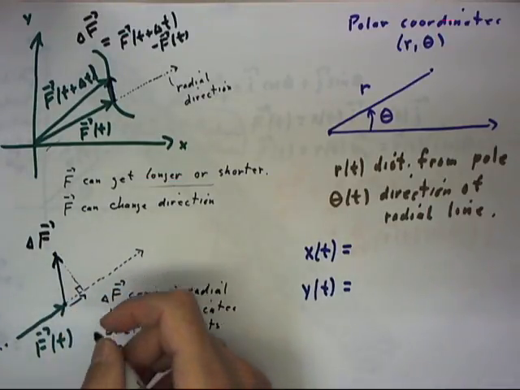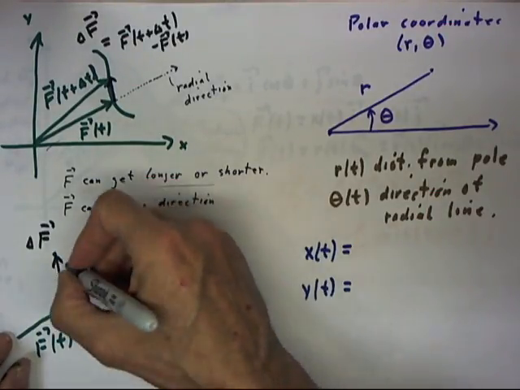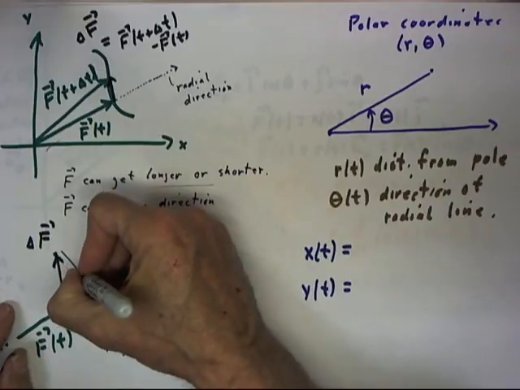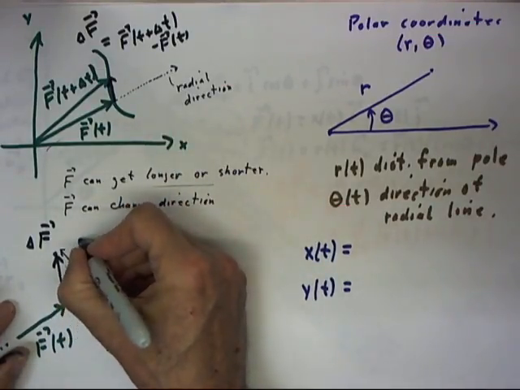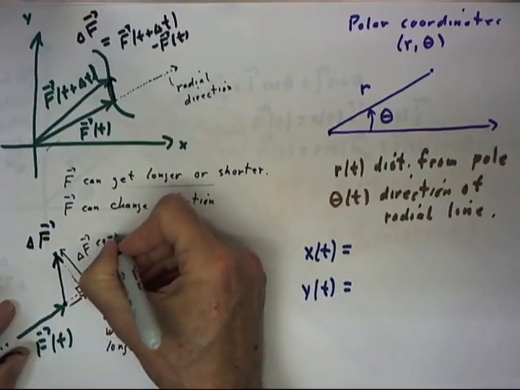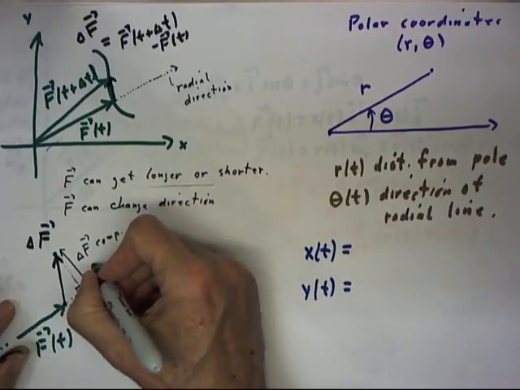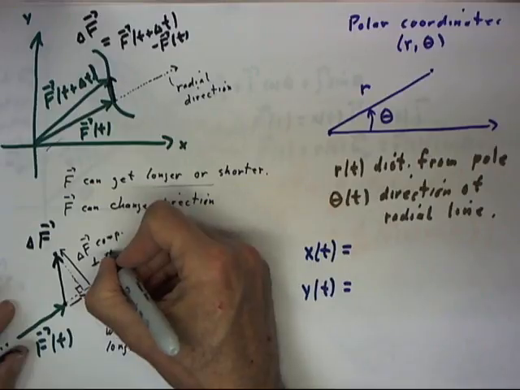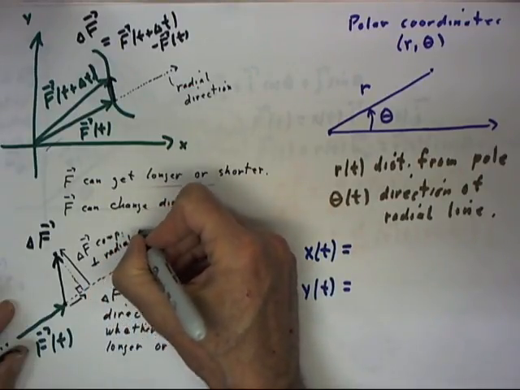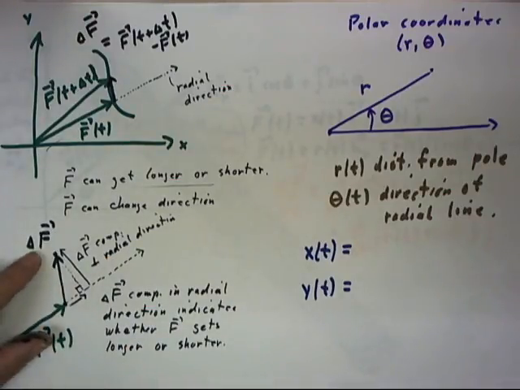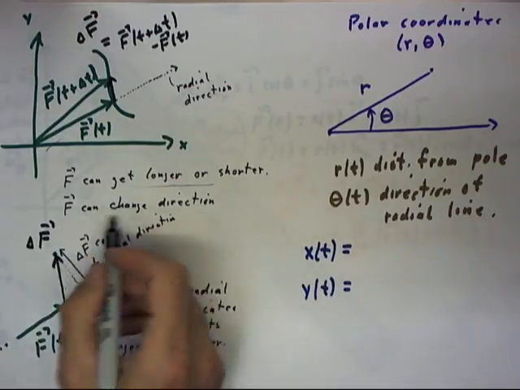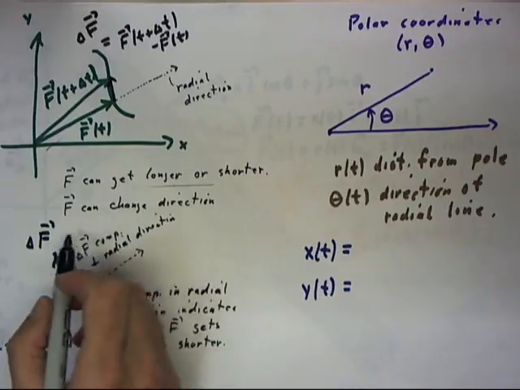Now we also have the delta f component perpendicular to the radial direction. And this occurs when f changes direction.